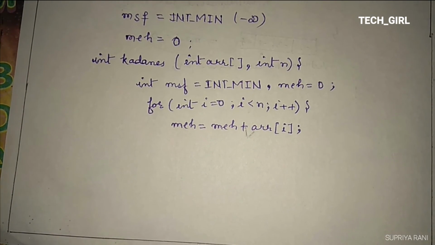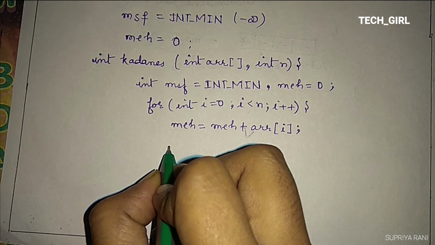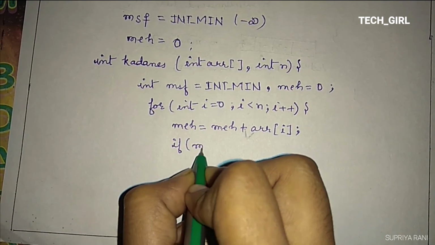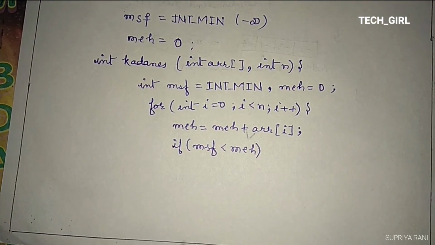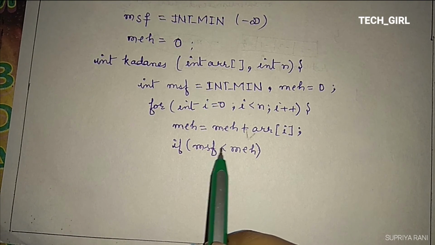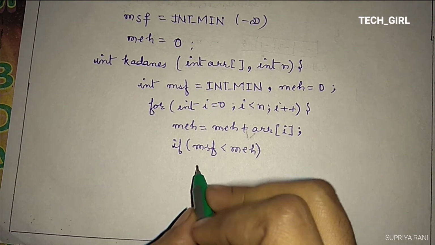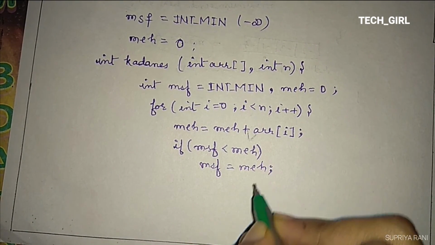So maximum ending here is maximum ending here plus array[i]. Now I'll compare: if maximum so far is less than maximum ending here, I mean to say that if the maximum ending here becomes greater than maximum so far, I'll update this value to maximum ending here.